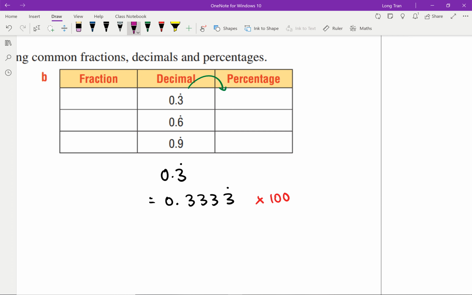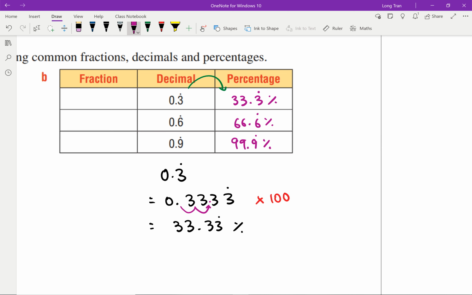When you multiply by 100, we're moving the decimal point forward twice, and that gives you 33.333 recurring percent. So likely you would have figured out that 0.6 recurring is 66.6 recurring percent and 0.9 recurring is 99.9 recurring percent.